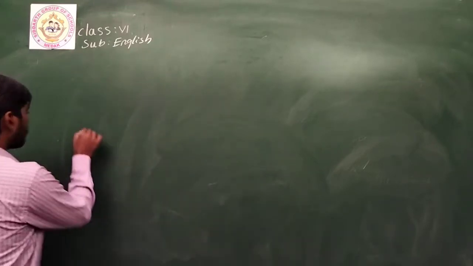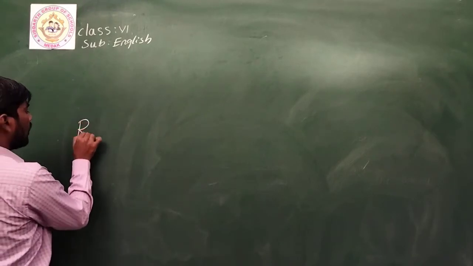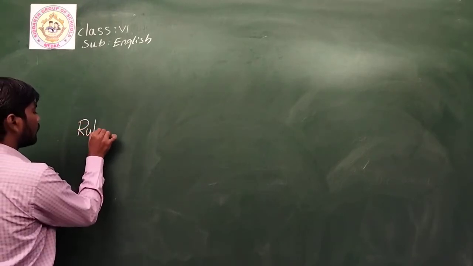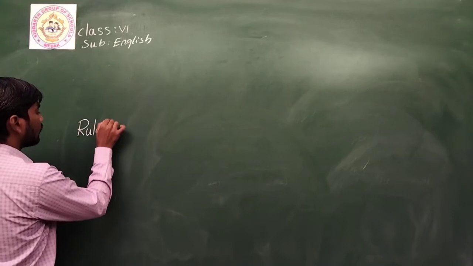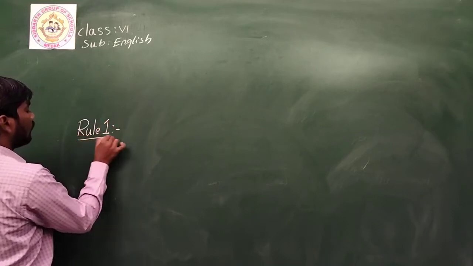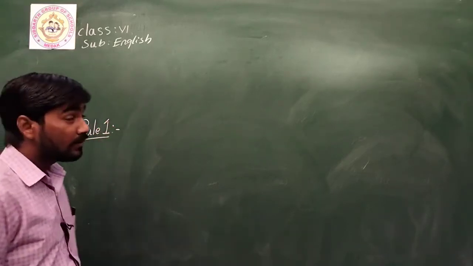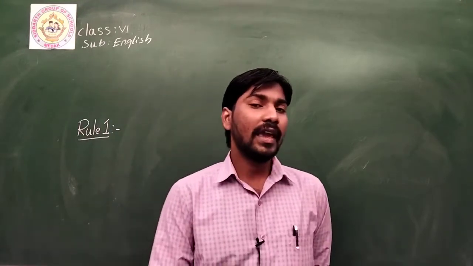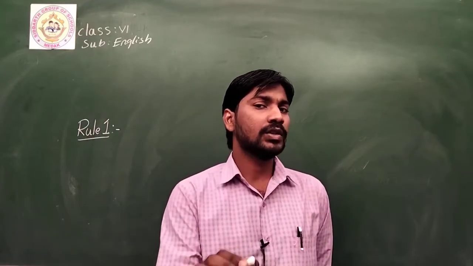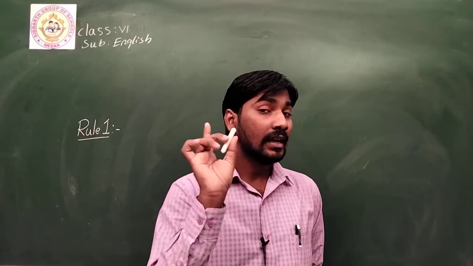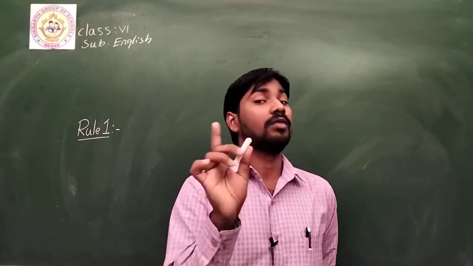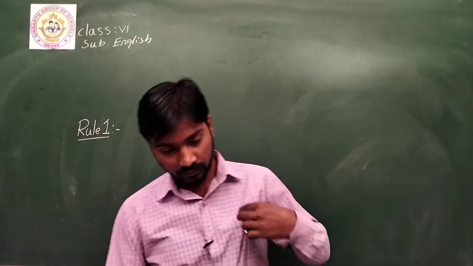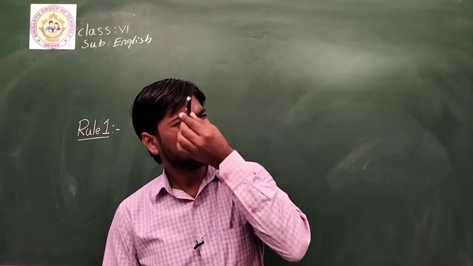Rule number 1, children. Where we will use this article, very importantly we should know that before a single countable noun, a or an will be used. Mostly before a single countable noun. For example, what is this?